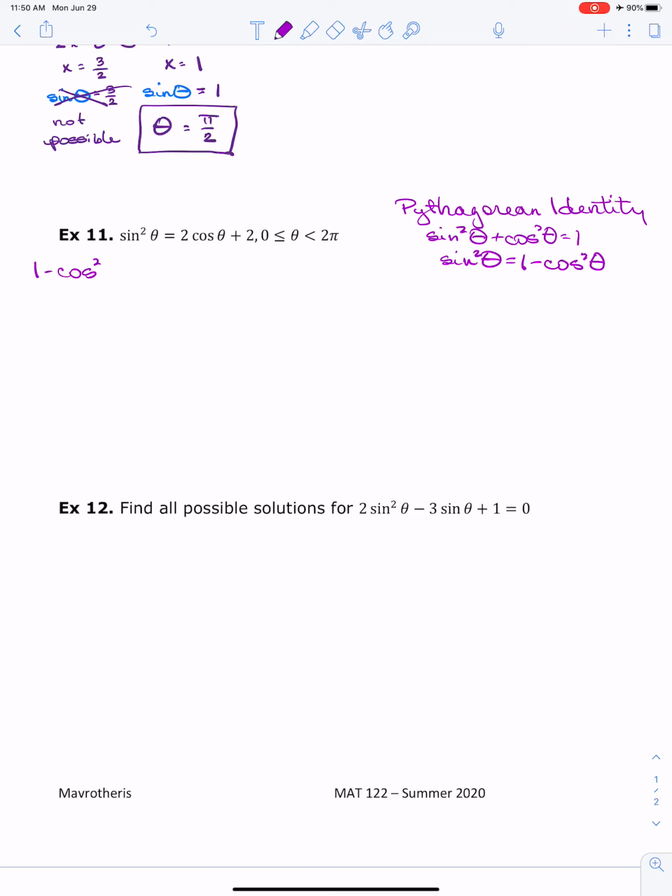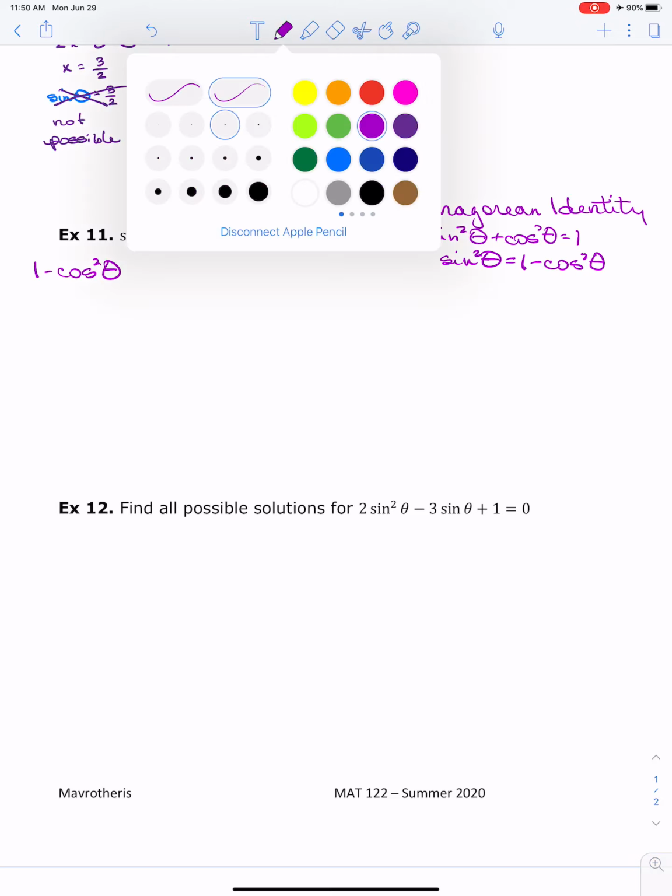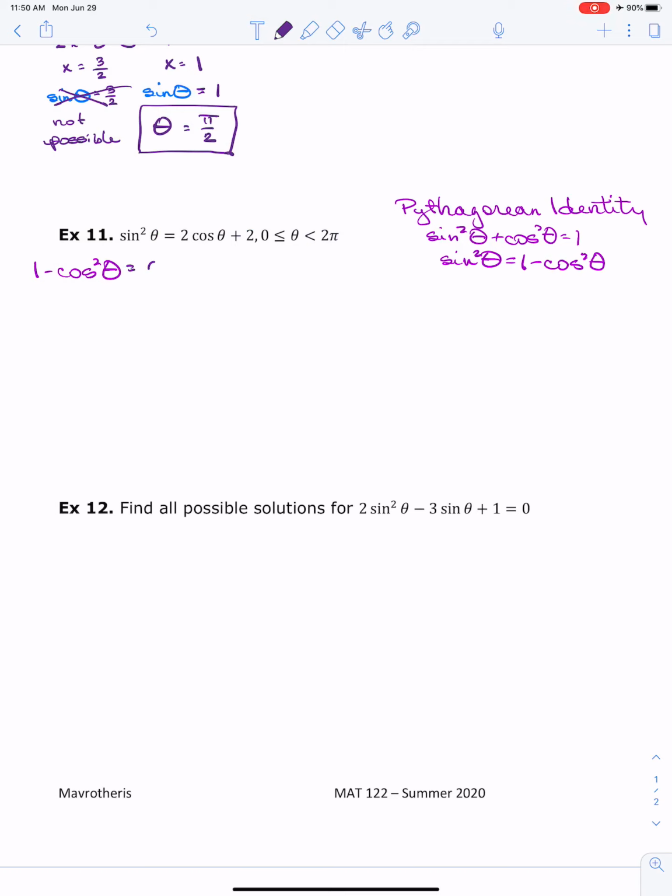I'm going to write this as 1 minus cosine squared theta equals 2 cosine theta plus 2. It's looking like a quadratic. I've got cosine squared and cosine, so I'm going to go ahead and move everything to the right-hand side. That makes this positive cosine squared theta plus 2 cosine theta.